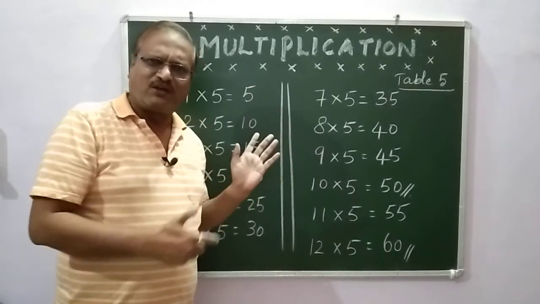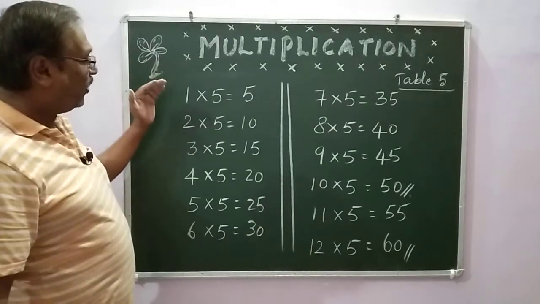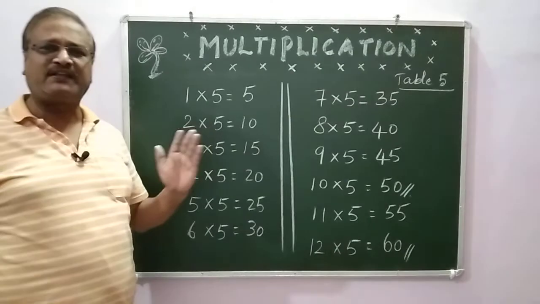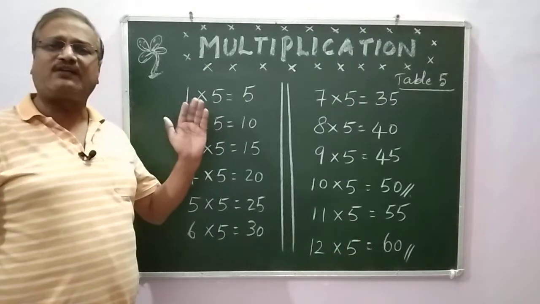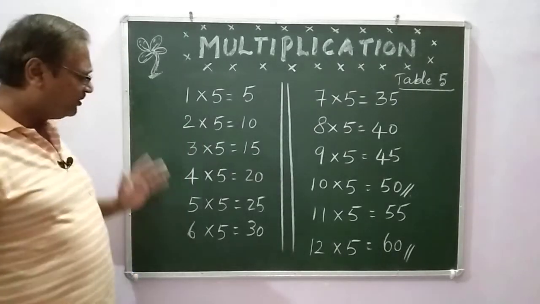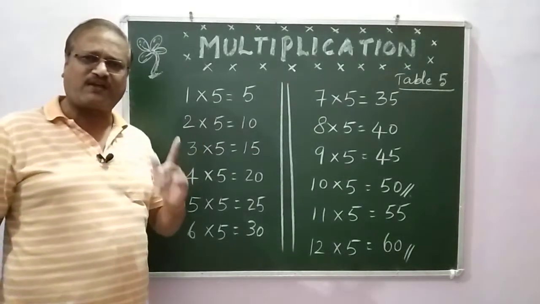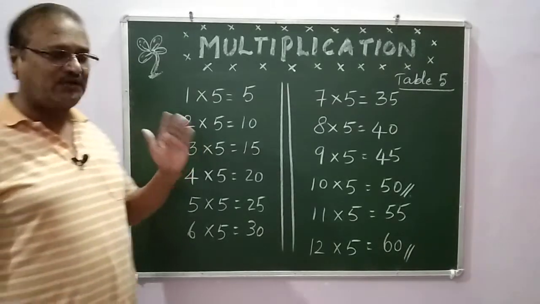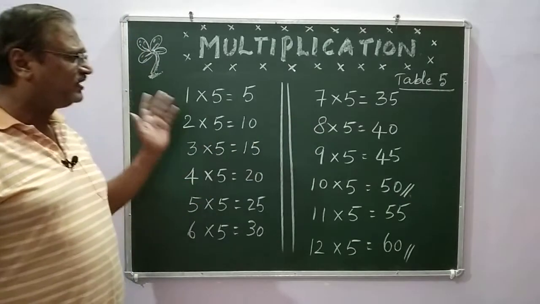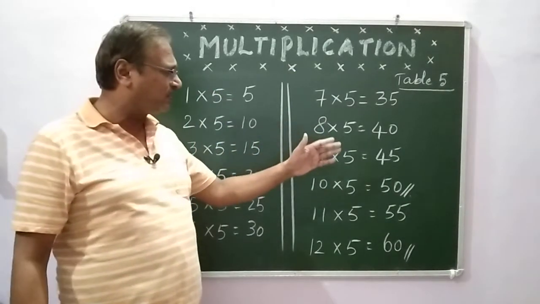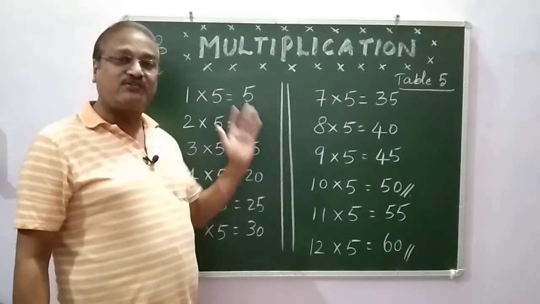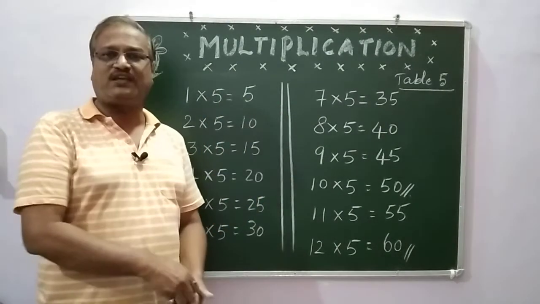Is it difficult? Okay. Now, 1 5s are 5, 2 5s are 10, 3 5s are 15, 4 5s are 20, 5 5s are 25, 6 5s are 30, 7 5s are 35, 8 5s are 40, 9 5s are 45, 10 5s are 50.